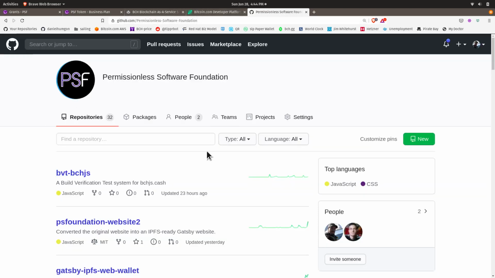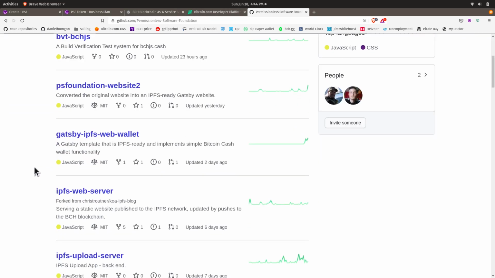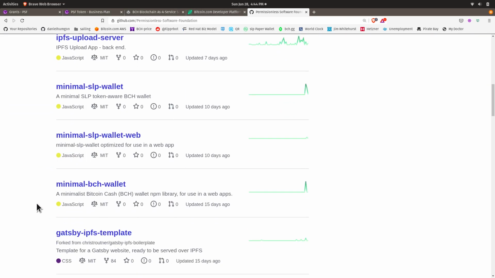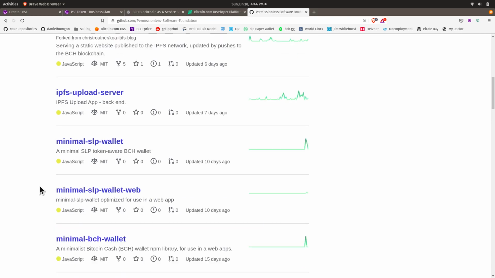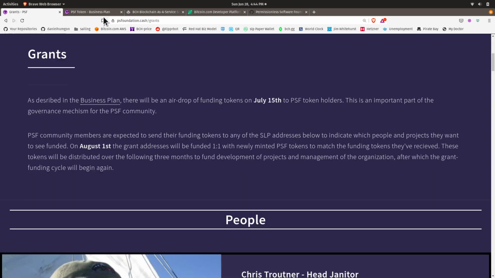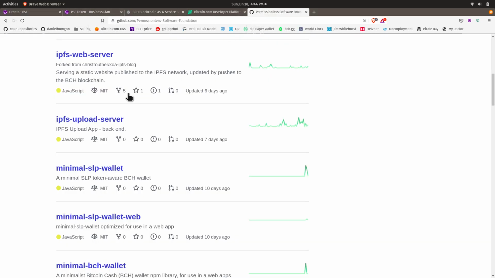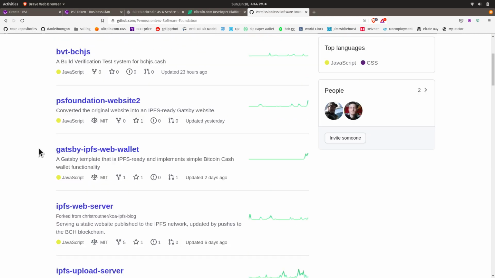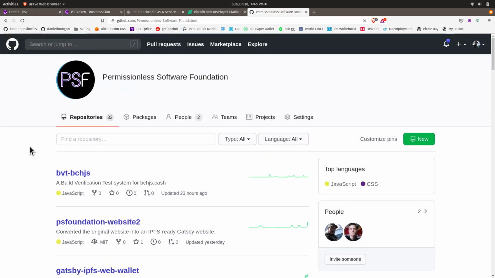So the Permissionless Software Foundation, all of our code exists here on GitHub. Everything from the website to the token liquidity app to every aspect of what this community works on. It's all about code, and everything is 100% open source, MIT licensed.